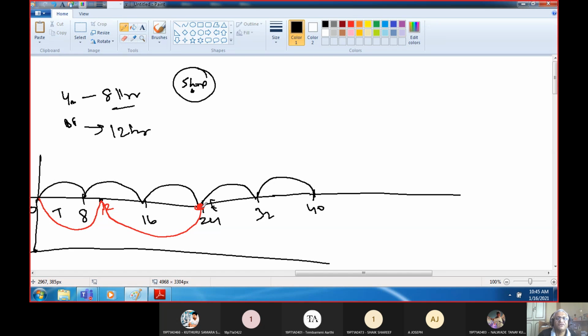Then again 24 plus 12 is 36. So he will again not meet in this visit. So this is 36. Now then again 36 plus 12 will be 48. So this is 48 here.